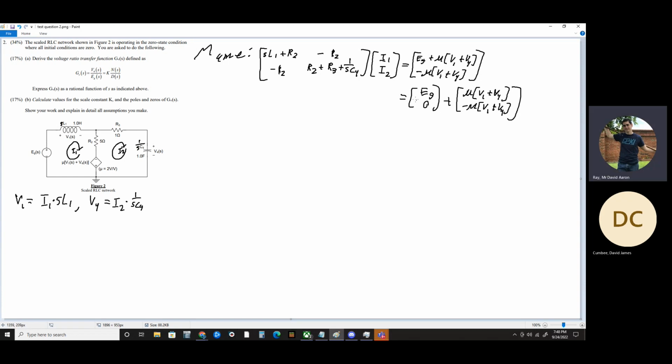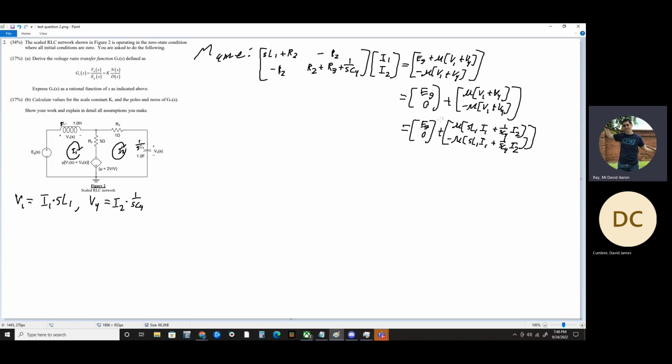Now that we got that, we just plug it in. It's going to equal EG, 0, plus mu times V1, which is SL1 I1, plus V4, which is 1 over SC4 I2. And then we make it negative for the bottom one: SL1 I1 plus 1 over SC4 I2.